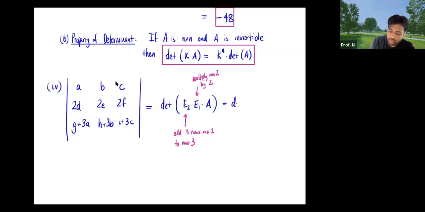So then we know the determinant of E2 is 1. The determinant of E1 is 2. Determinant of A is -6. So we would have 1 multiplied by 2 multiplied by -6, so the determinant would be -12.